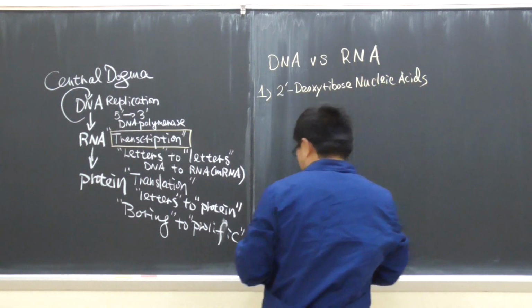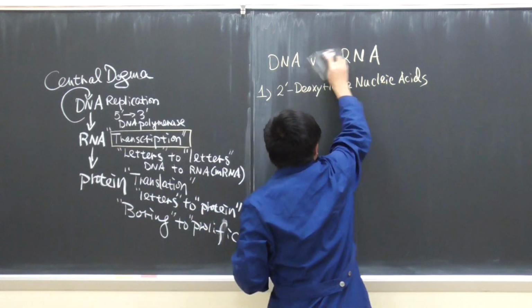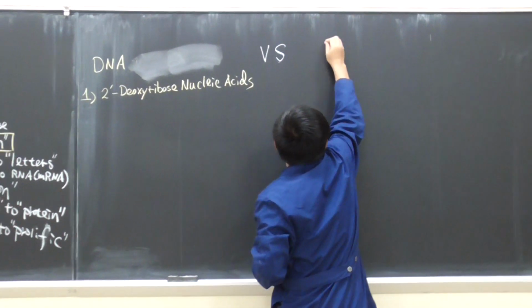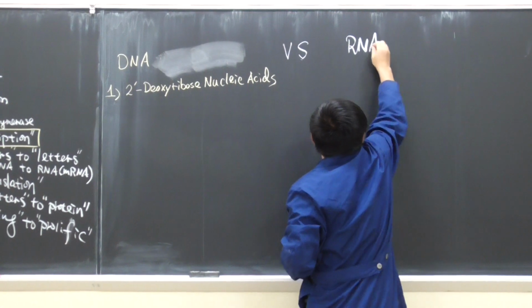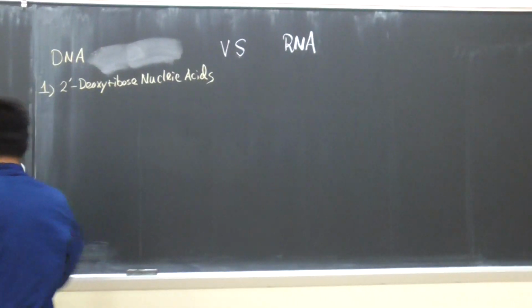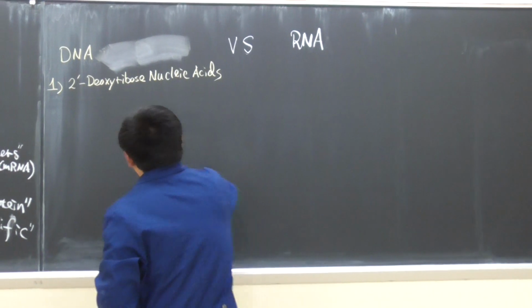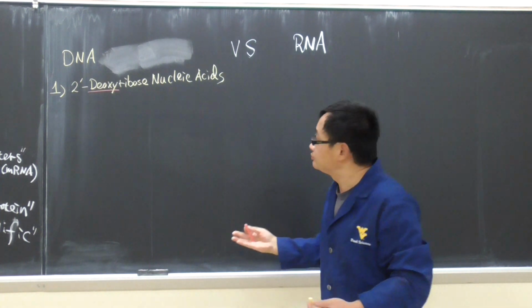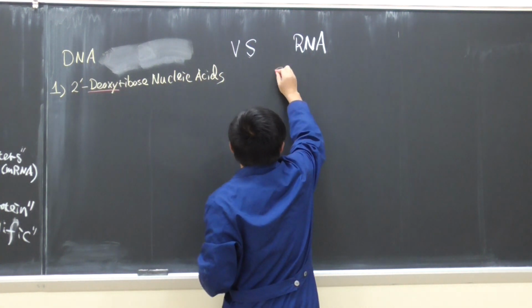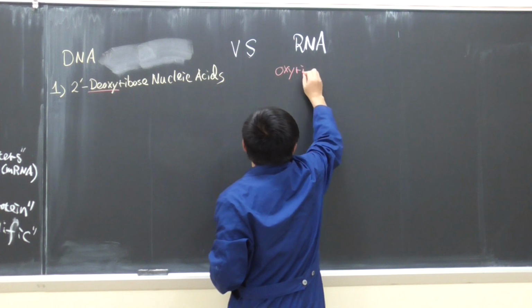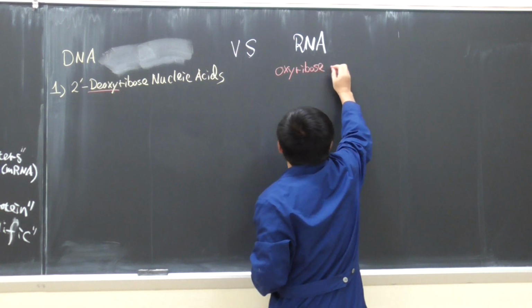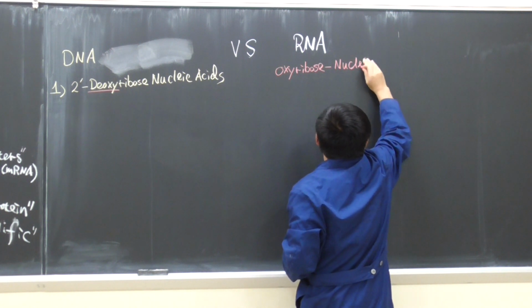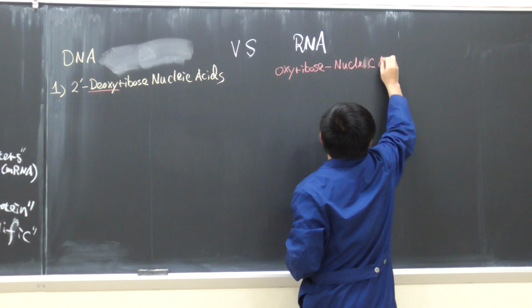Then what is RNA? I'm going to put RNA a little bit far away to make sure you know the difference. RNA is ribose nucleic acids. If you are a first-time learner, I would suggest you just say ribose nucleic acids.